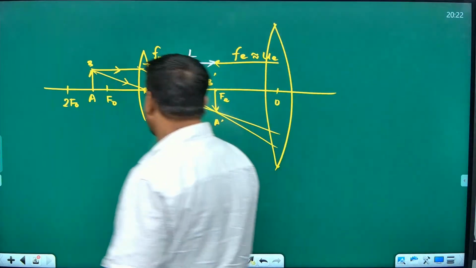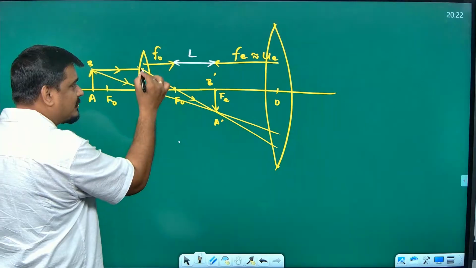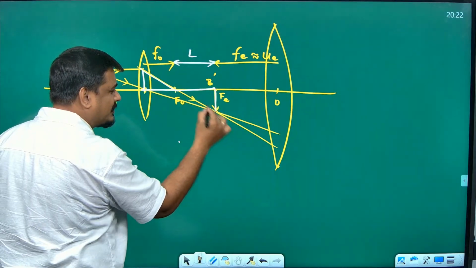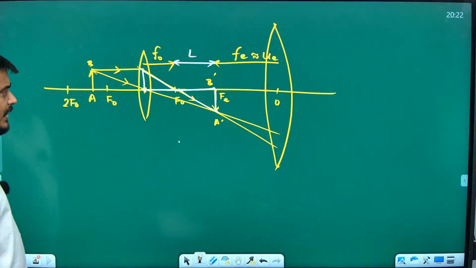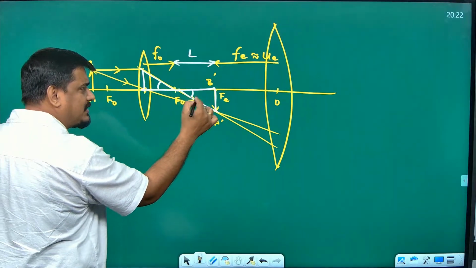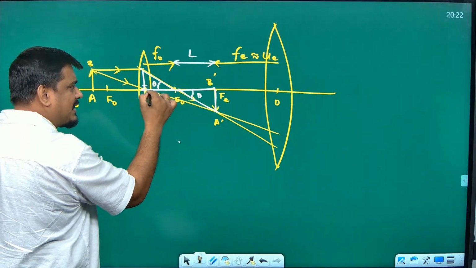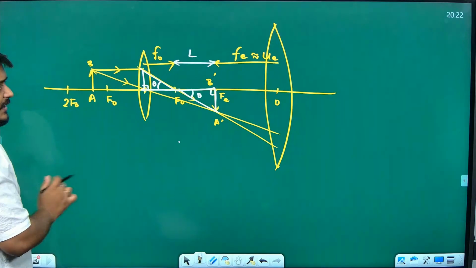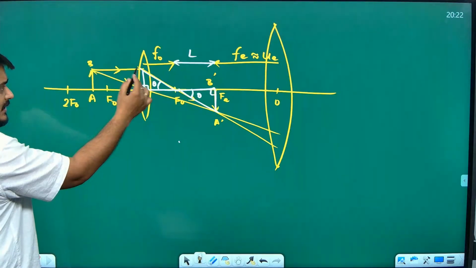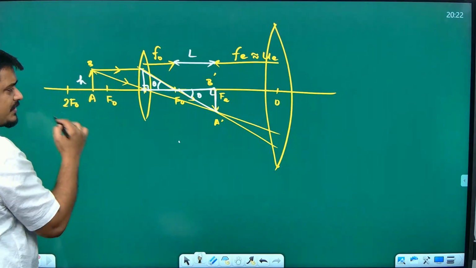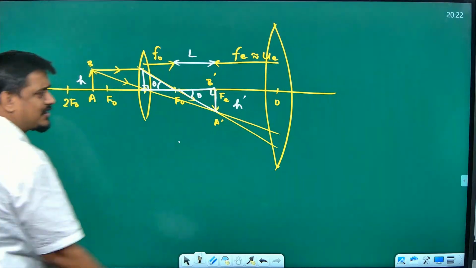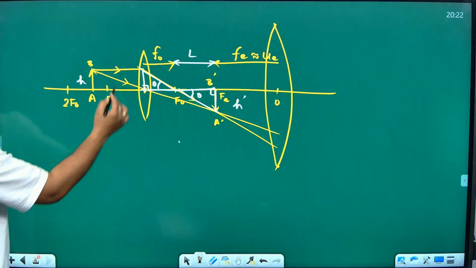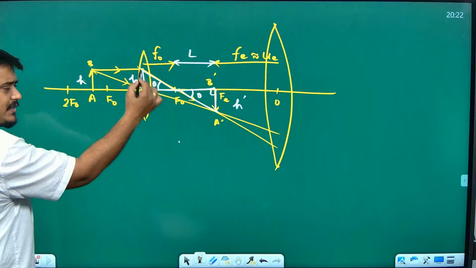Now what they are doing, they are taking this triangle and this triangle. In these two triangles, these angles are vertically opposite angles and this is 90 degree, 90 degree, right? So I can say these two triangles are similar triangles. If they are similar triangles, then this is h, height of object, and this is h dash, the first image.